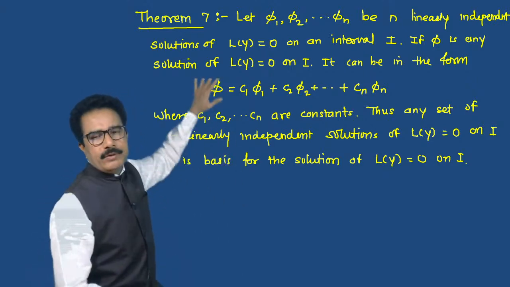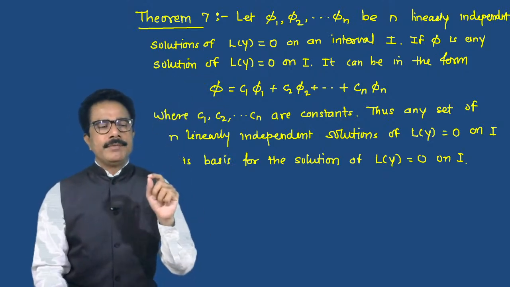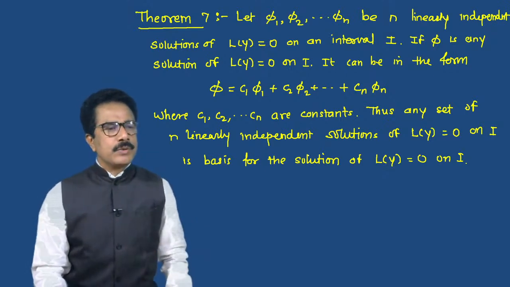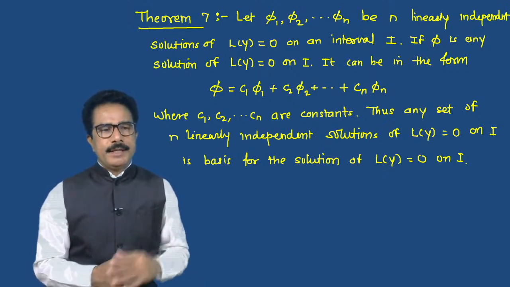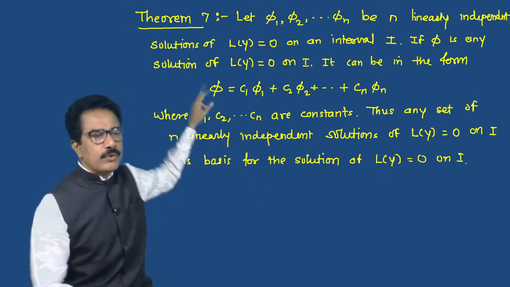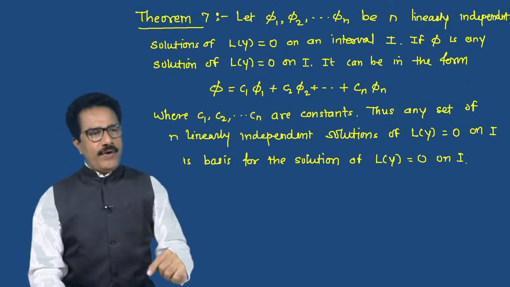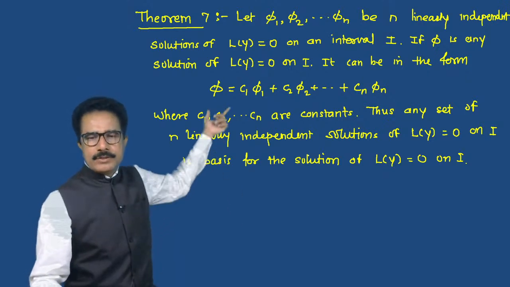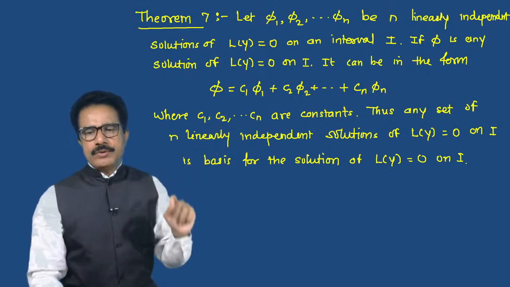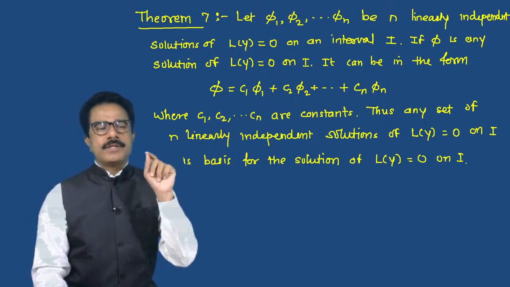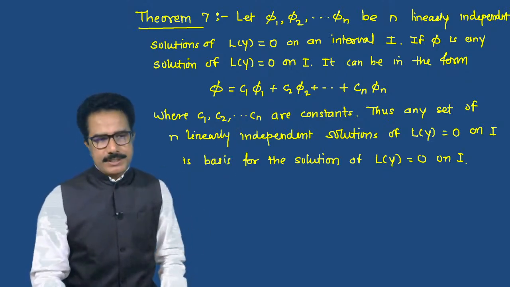Let us now see the next theorem. Let phi 1, phi 2, ... phi n be n linearly independent solutions of L of y equal to 0 on an interval I. If phi is any solution of L of y equal to 0 on I, it can be written in the form phi equal to C1 phi 1 plus C2 phi 2 plus C3 phi 3 ... Cn phi n, where C1, C2, C3 ... Cn are constants.